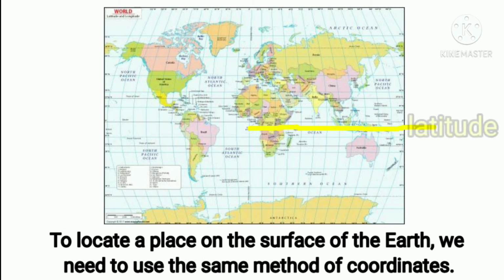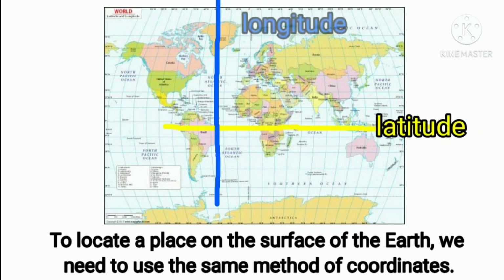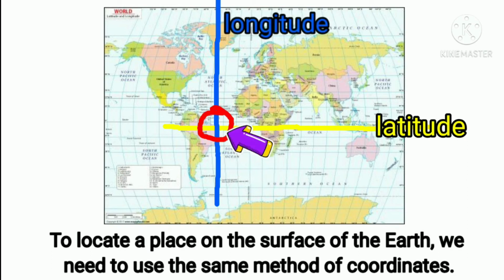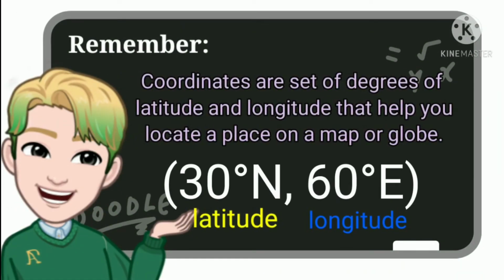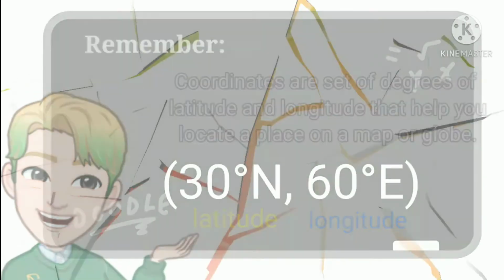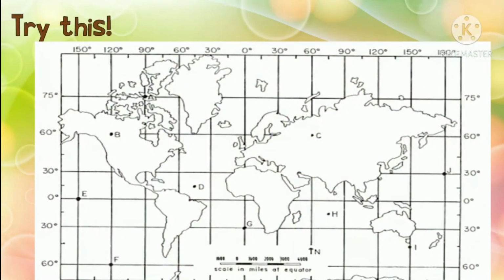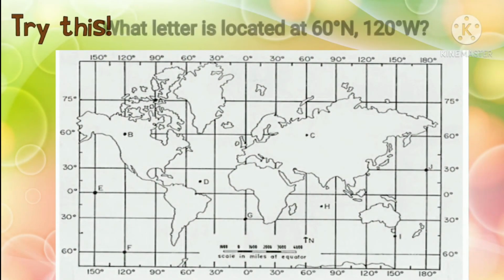We need to locate where the latitude and longitude intersect on the map or globe. Remember that coordinates are a set of degrees of latitude and longitude that help you locate a place on a map or globe. Let's try this activity.